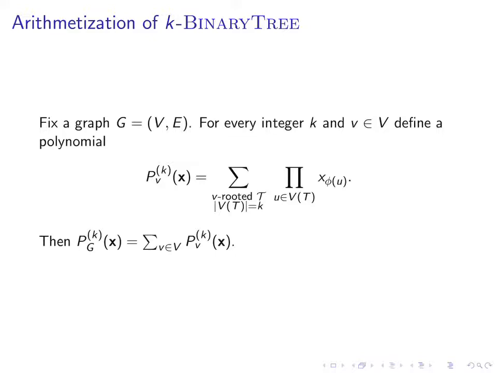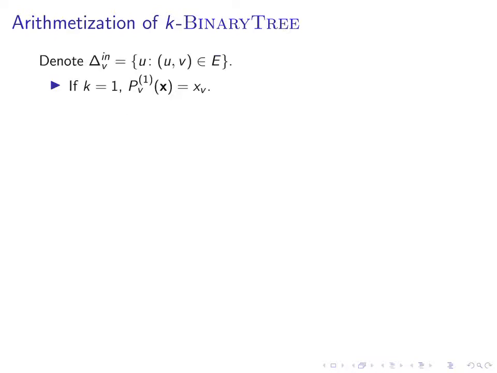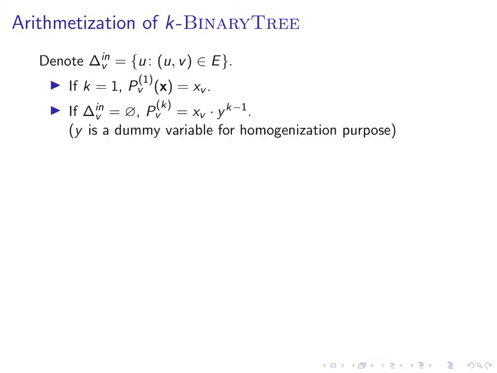Here, the polynomial of a vertex captures all the possible multi-trees rooted at the vertex v, where the multi-tree is of size k. For the base case, suppose the multi-tree only has one vertex v. Then the polynomial will be x_v. If the in-degree of v is 0, then we can just raise the polynomial so that it is of degree k.